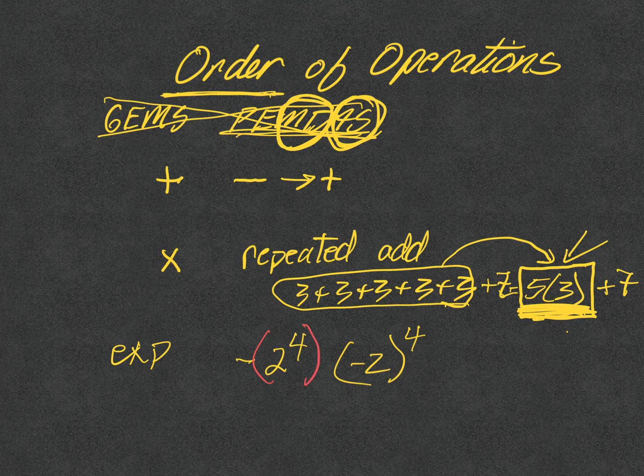All right, we either have a parenthesis around the -2, so we're saying take it to the 4th power, which is a multiplication, right? But it's repeated multiplication, so just like multiplication was repeated addition, repeated multiplication should come before just multiplying any two numbers. And that's why we do exponents, all right?